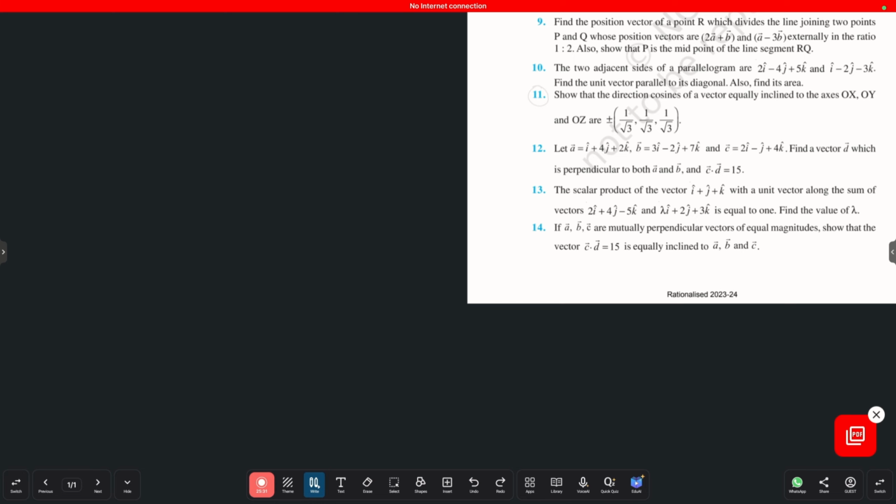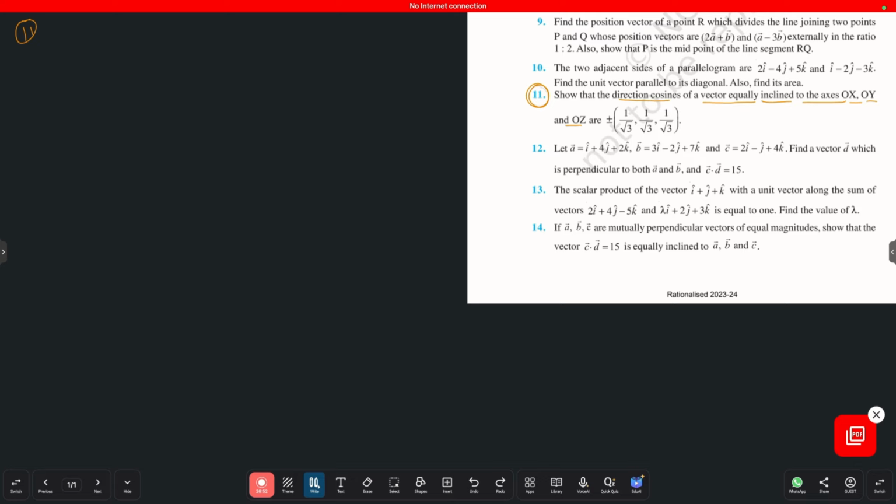Question number 11. Students, show that the direction cosines of a vector equally inclined to the axes OX, OY, OZ. Inclination means angle. OX means the positive x-axis, OY is the y-axis, OZ is the z-axis.